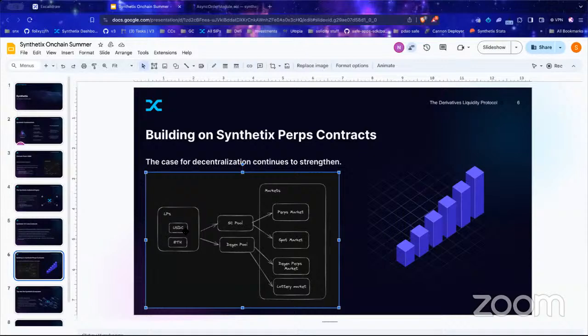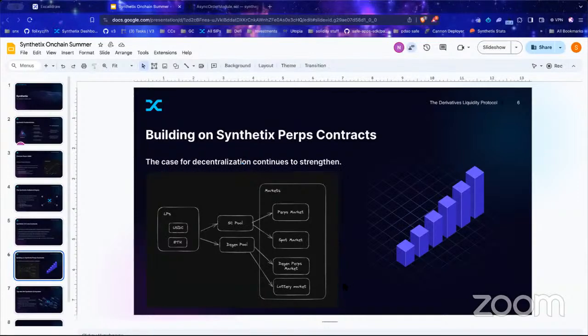As an LP you can decide to provide some percentage of your LP collateral towards the DGen pool, which then backs whatever DGen market. Maybe there's also a lottery market you can register to get collateral delegated to you. But this is a high level overview.